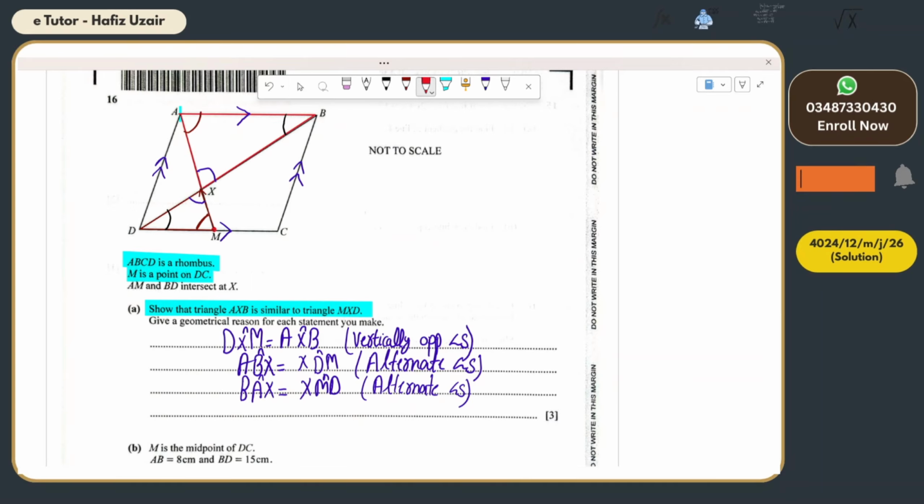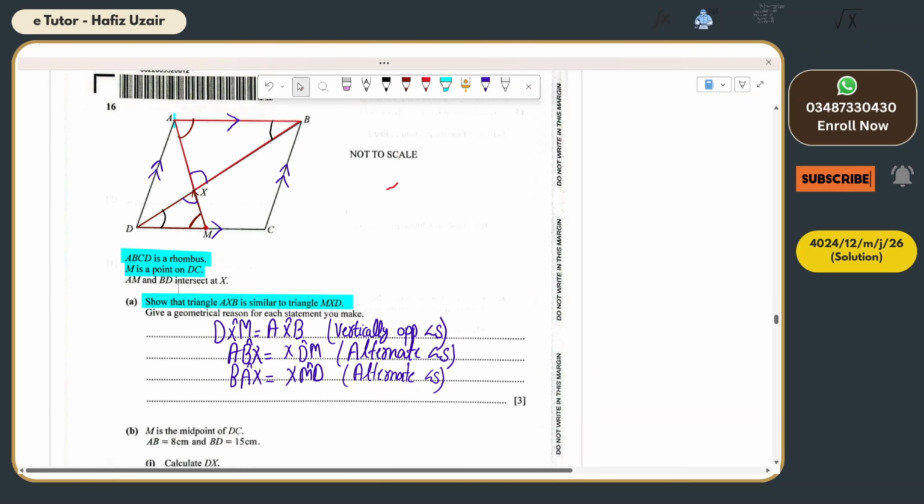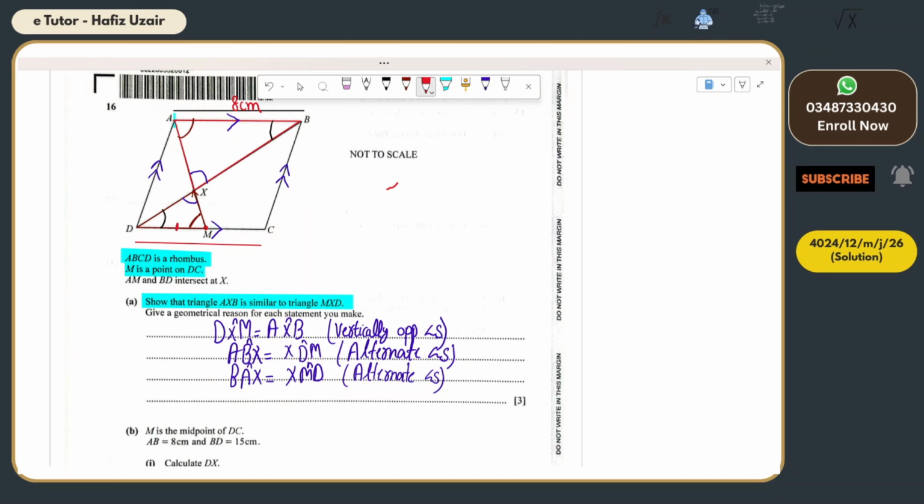So the length of this line over here is 8 centimeter. So this line must be 8 centimeter and this length will be equal to 4 centimeter, because these two sides are the same. M is the midpoint, so this is 4 centimeter and this is also 4 centimeter.